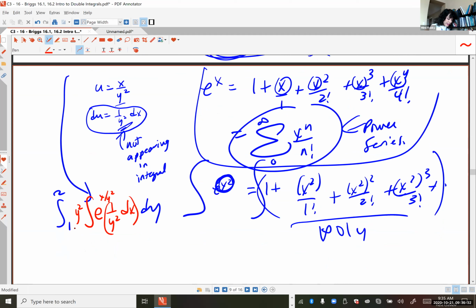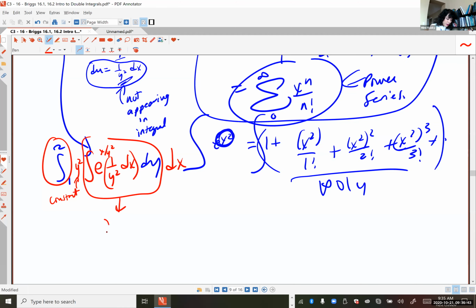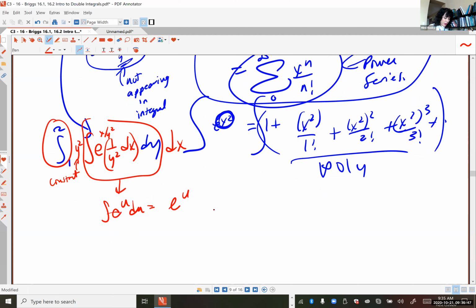So this is looking like a constant right now, and that's the cool part of this problem. And I still have a dx out here to match this outermost integral. This has the look of e to the u du, and so the result will be e to the u, which for us is e to the x over y squared. And you still have this y squared sitting out here. You'll use it up later.